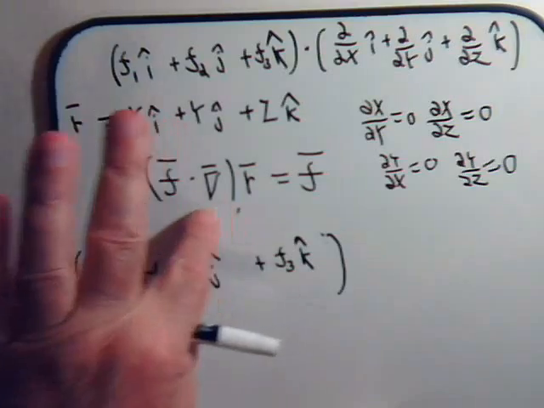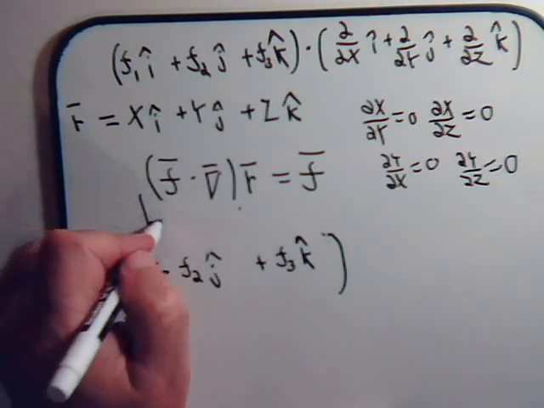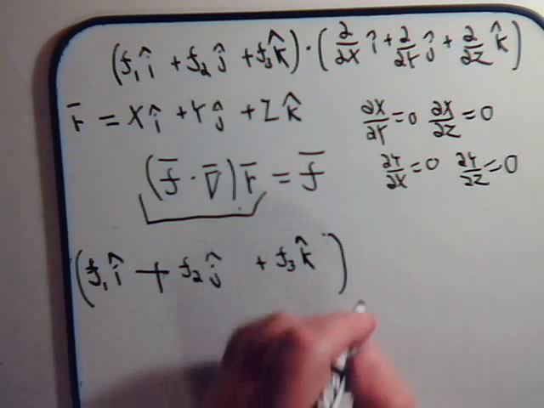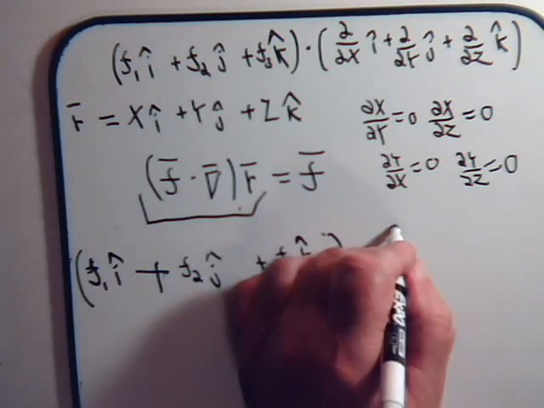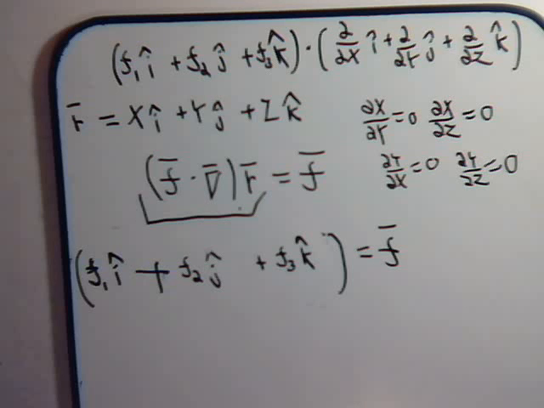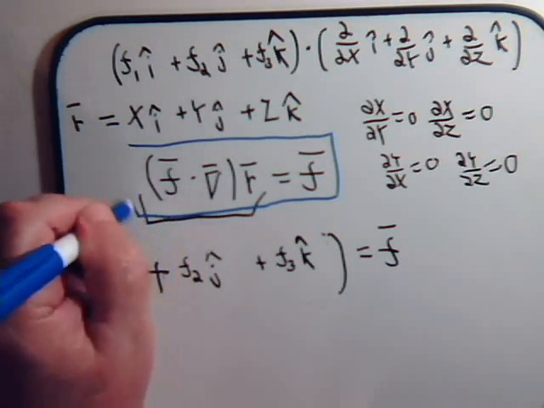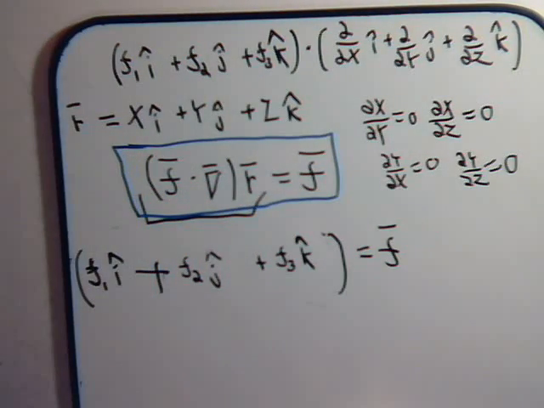So this whole expression is just this, and of course this is vector F. Its component in the i direction, its component in the j direction, and its component in the k direction. So indeed, it looks strange, but in fact, this is a valid expression.